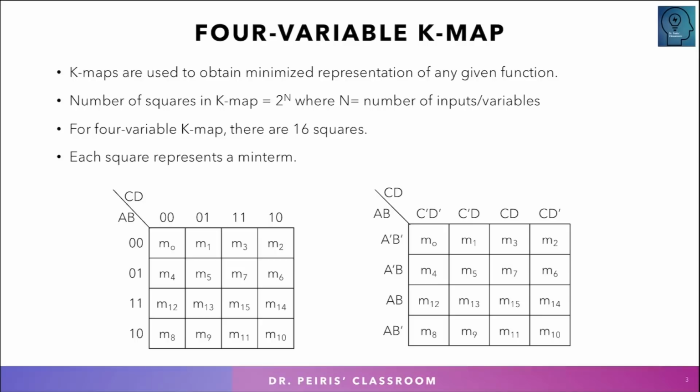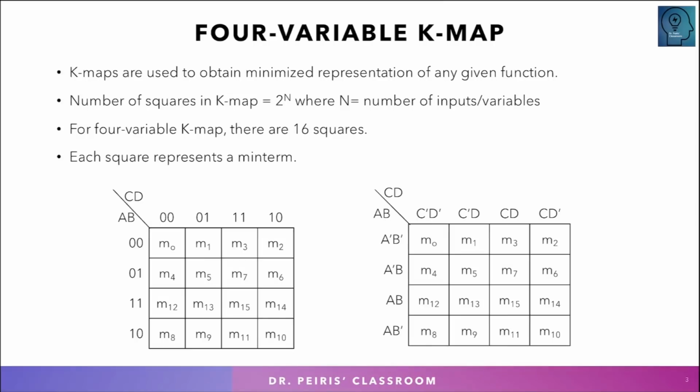So you must maintain this order to do the K-maps properly. You can see how the minterms are placed: M0, M1, M2, M3 here, M4, M5, M6, M7, then M8, M9, M10, M11, M12, M13, M14, M15.